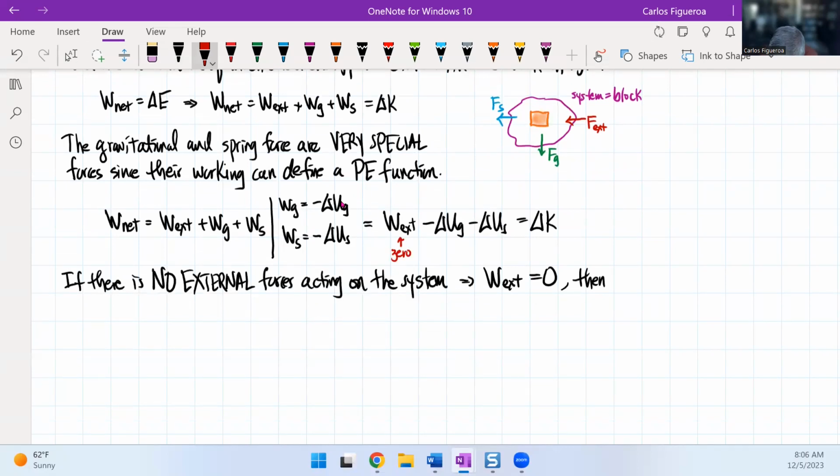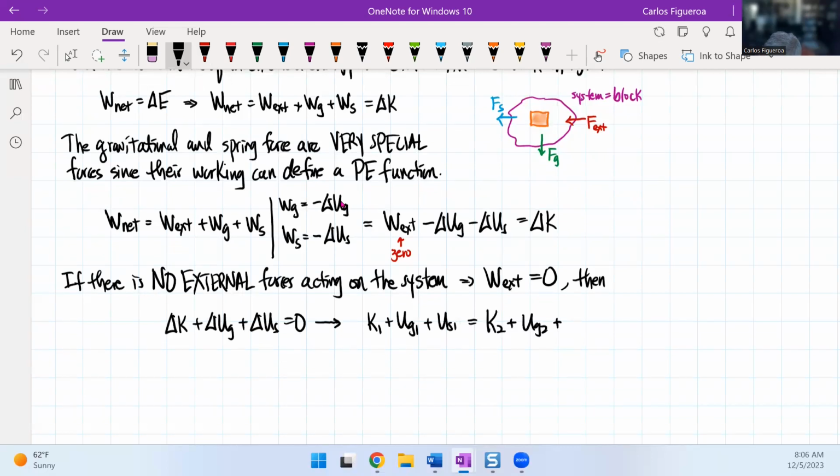If I rearrange this, I have the change in kinetic energy plus the change in gravitational potential and the change in the spring potential is zero. If you rewrite this, we get K1 plus UG1 plus U spring 1 equals K2 plus UG2 plus U spring 2.